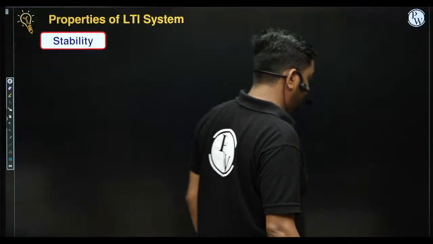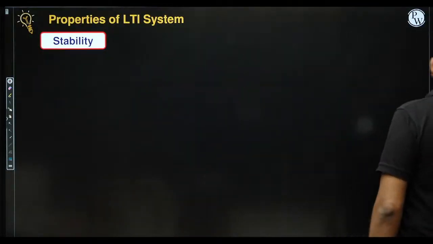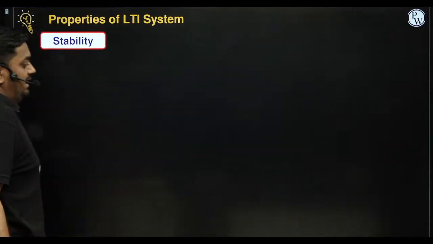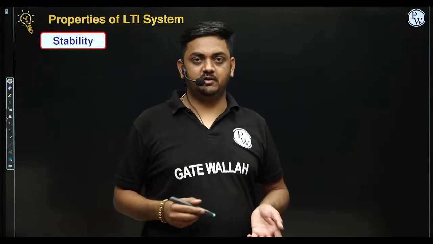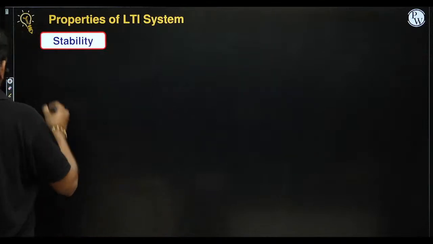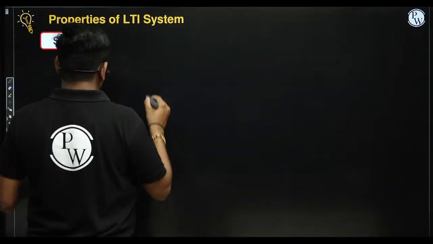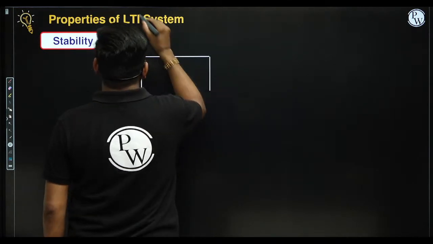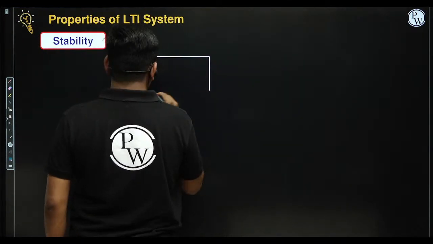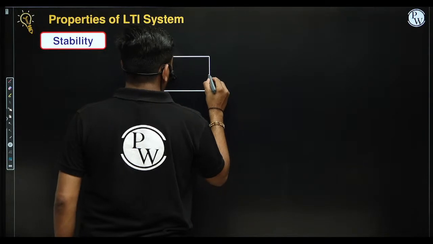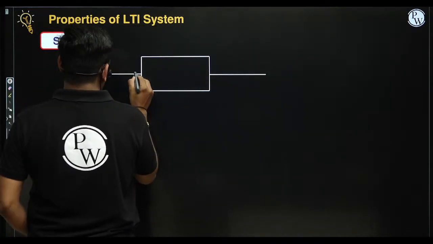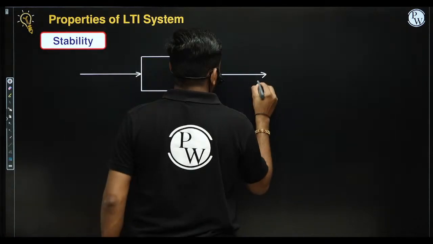Now next is stability, guys. Under what condition is an LTI system said to be stable? Now we know that for stability, an LTI system should produce bounded output for bounded input. If an LTI system produces bounded output for the given bounded input, then it is said to be stable, guys.